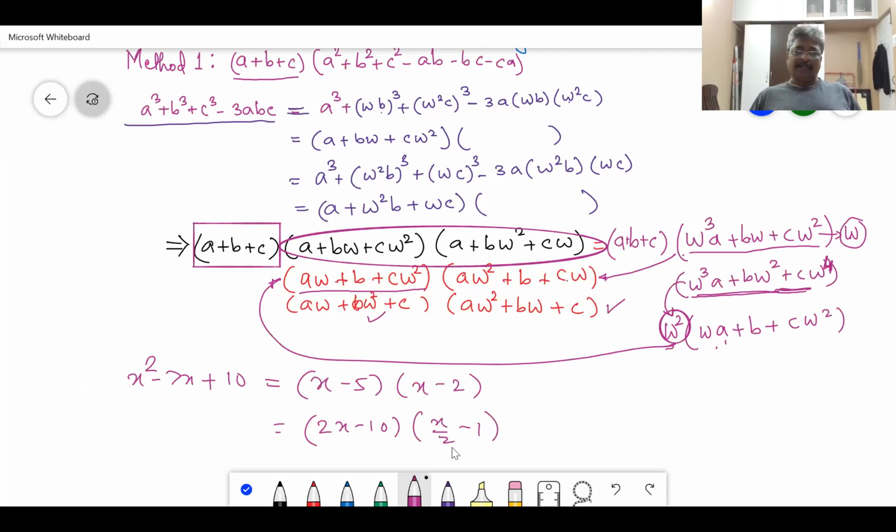They are not different factors, they are one and the same. If we really multiply these two, we get this, and if we really multiply these two, we get this. Only thing is that you have to take out 2 common from here to get this factor, and half common from here.